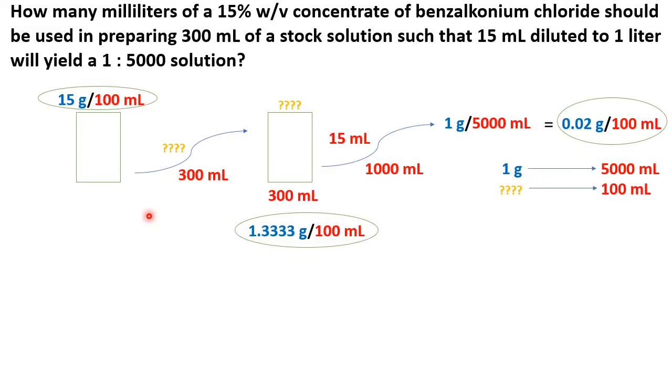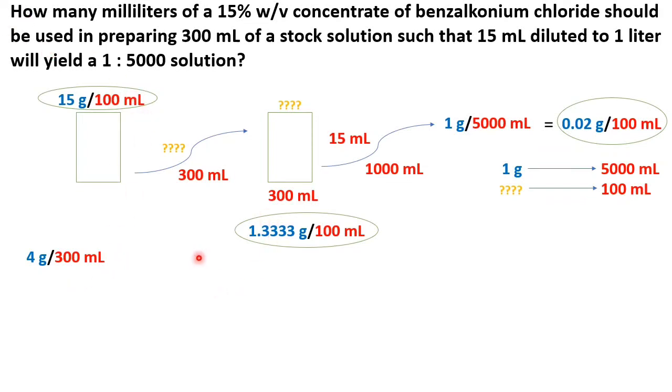So we multiply 1.3 times 3, and we get that this weight is 4 grams in 300 mls. Okay, so we need to have here 4 grams, and to calculate what mls we need from this solution, it's very easy.